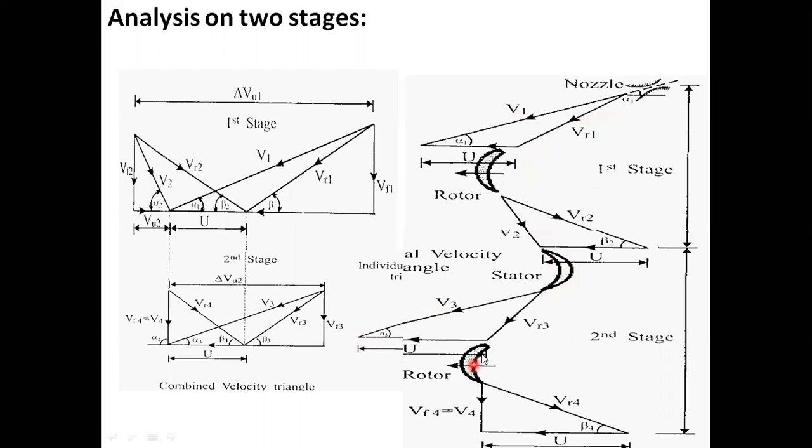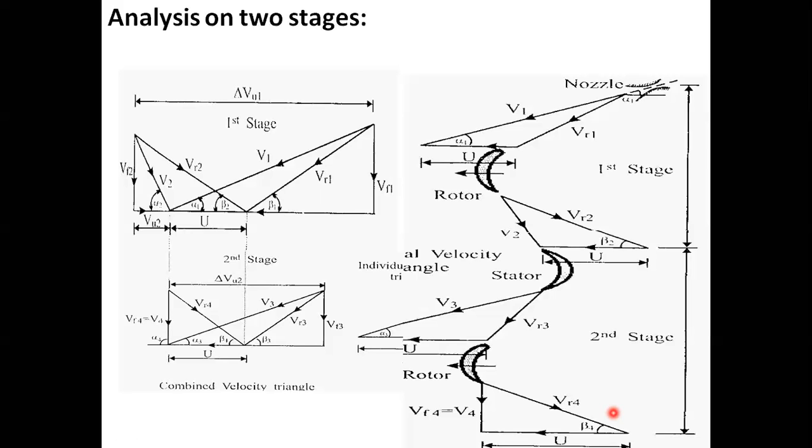After that, this is the rotor blade, so the inlet of the rotor blade has relative velocity and the outlet is also relative velocity. This is the diagram of a number of stages, a very important point to understand. Which velocity is at inlet? Remember: at the rotor, inlet velocity is V1, outlet velocity V2.